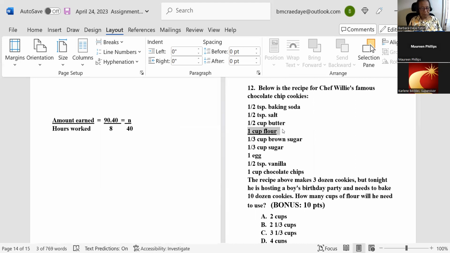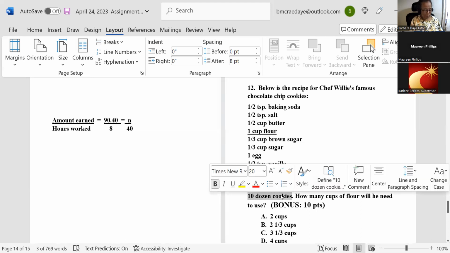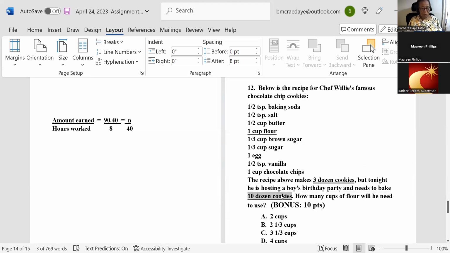So how many cups of flour? This recipe is for 3 dozen, right? And you're looking for how many cups of flour for 10 dozen? 1 cup of flour for 3 dozen, right?